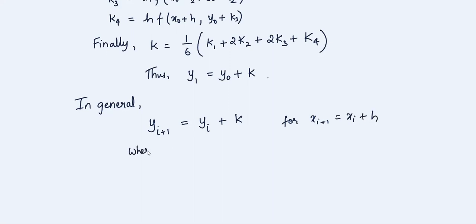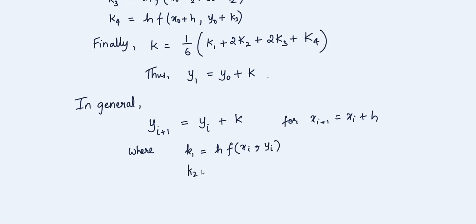Now how to find k? k1 is h times f of xi comma yi.